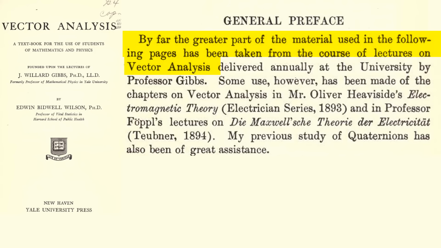In the introduction, Wilson said that, although the greater part of the material used in the following pages has been taken from the course of lectures on vector analysis by Professor Gibbs, he also used Oliver Heaviside's 1893 book and August Föppl's 1894 book, and that his previous study of Quaternions has also been a great assistance.